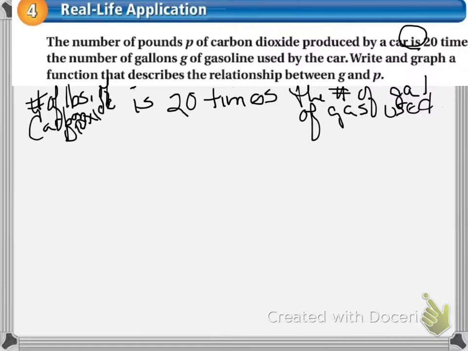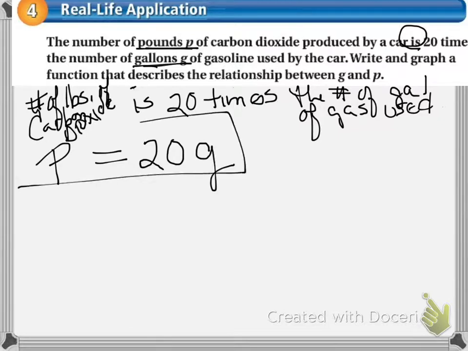Well, first we have to define our variables. I'm going to say P for pounds and G for gallons. So the amount, the pounds, P, equals 20 times the number of gallons used, which is our G. So that would look just like that, the equation.